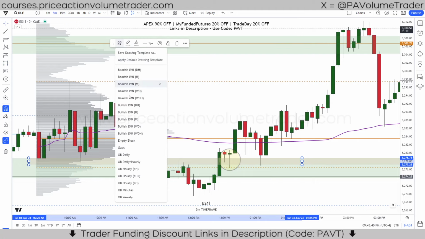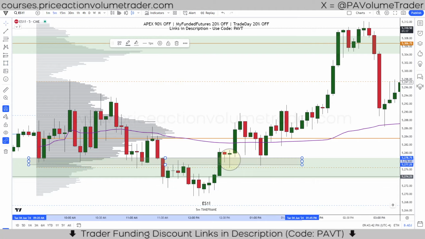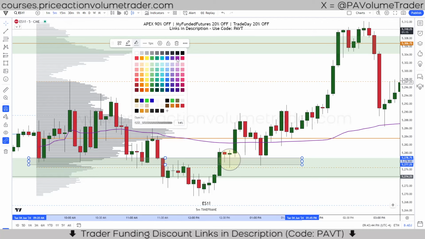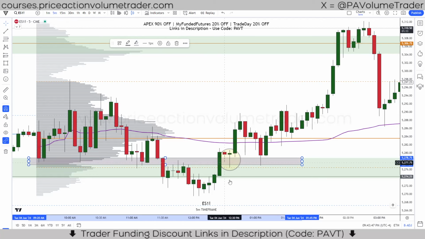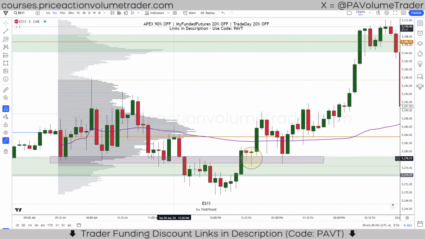If I mark this off like this, and let me put a purple color there, you can see this was a pretty important zone because we had support, broke, then resistance, and then we broke back above, and then we started holding it as support.